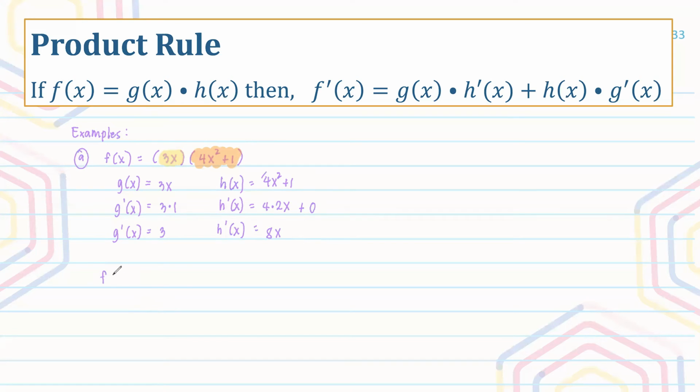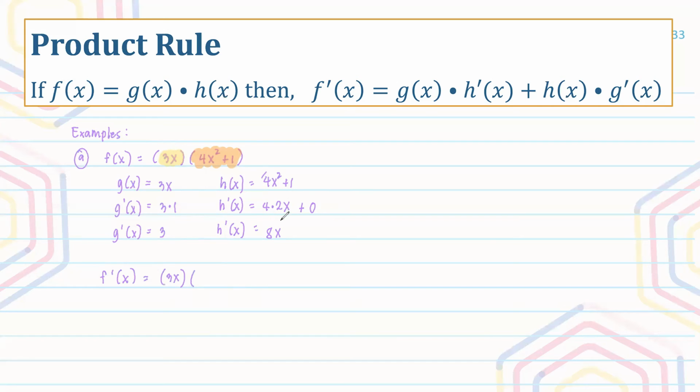So f prime of x is equal to, first given in our formula, g of x. Our g of x here is 3x, so we write 3x times the derivative of h of x.